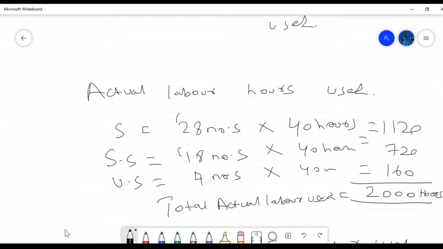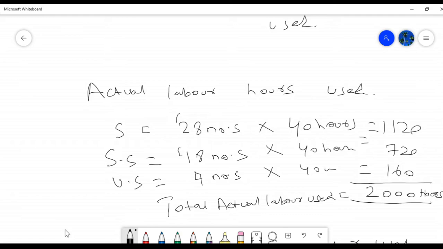So this we have to write here. Actual labor hours used: 1120, then 720, then 160.